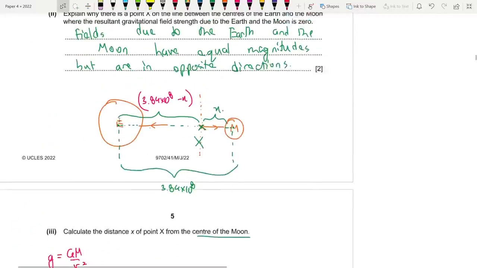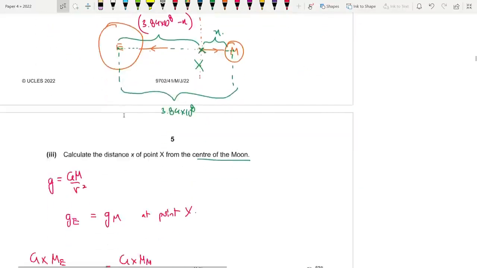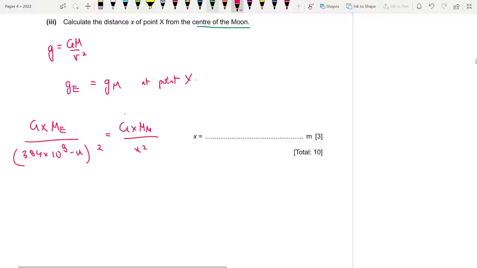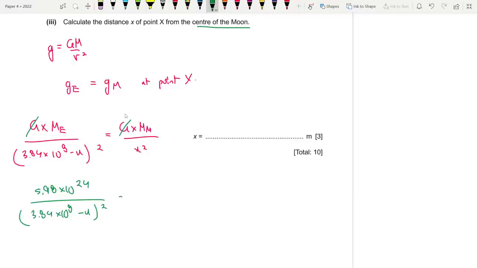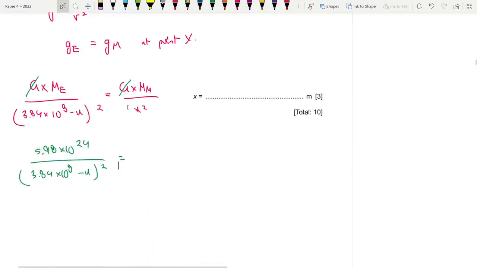So what's the mass of the earth? It's 5.98 times 10 to the power 24. So we can get rid of the G's. 5.98 times 10 to the power 24 divided by (3.84 times 10 to the power 8 minus x) whole squared is equal to the mass of the moon, 7.35 times 10 to the power 22, divided by x squared.